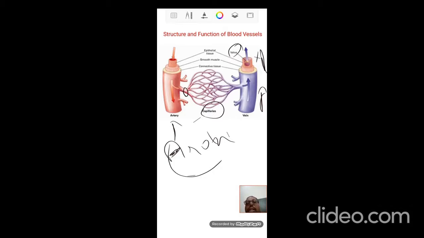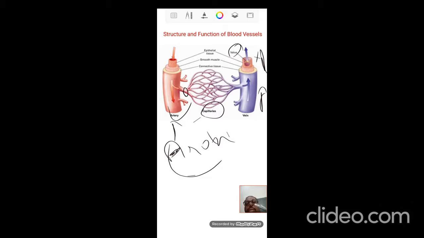Then the aorta becomes arteries, these arteries become arterioles, and these arterioles become capillaries. Why do they become smaller and smaller? Because the tissues are very, very small, and it is not possible for these bigger structures to enter them.